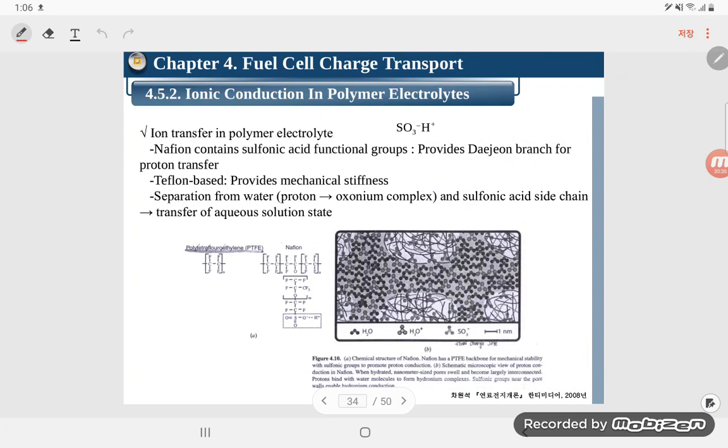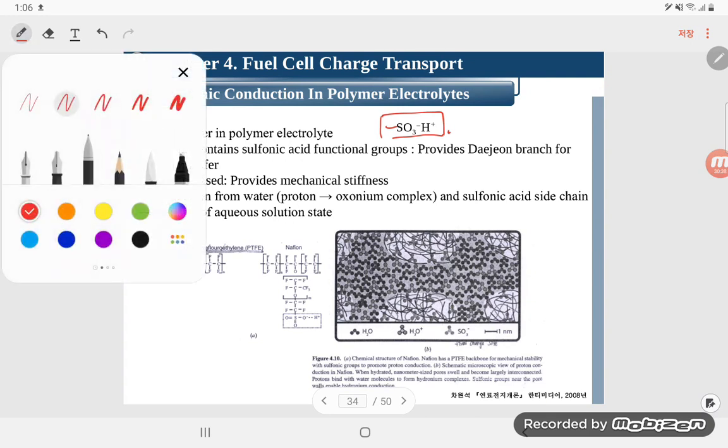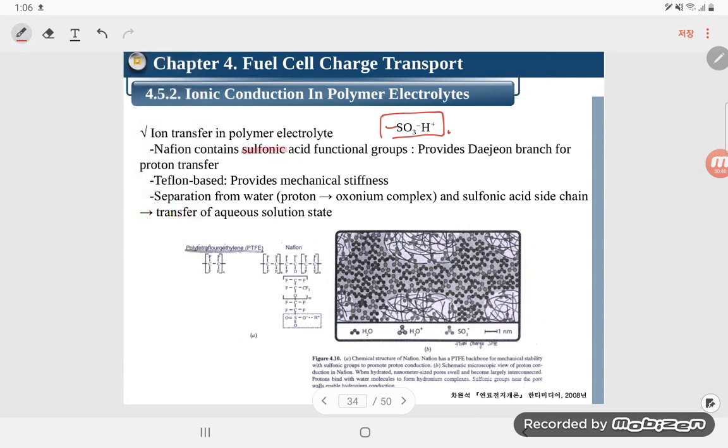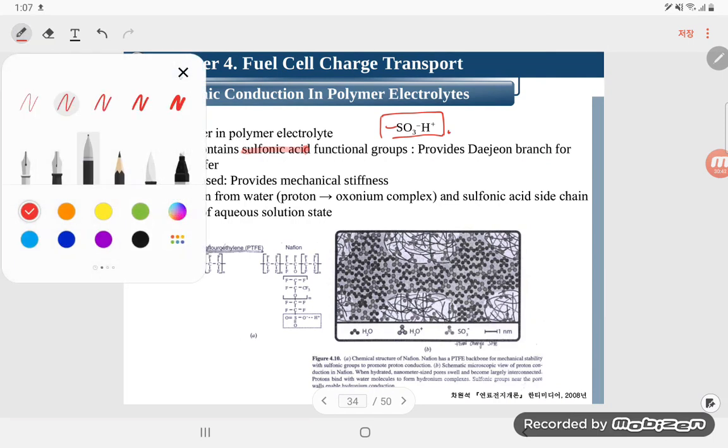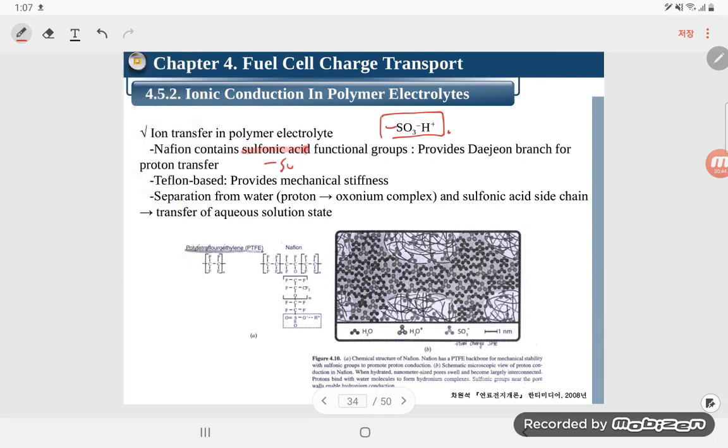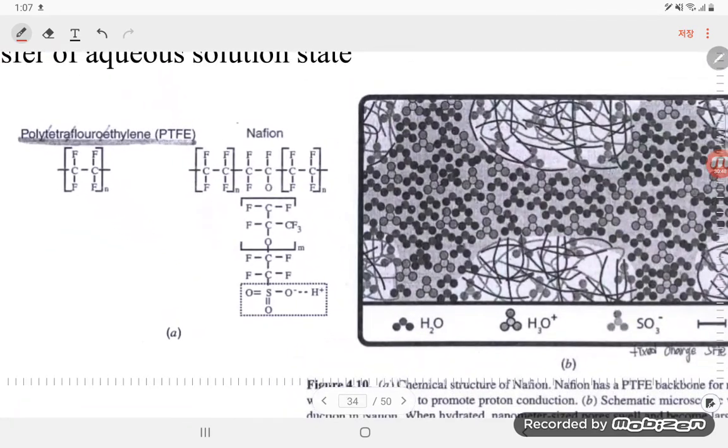The ion transfer in polymer electrolyte. Okay, this is the form of the Nafion. The Nafion contains sulfonic acid. This sulfonic acid is SO3 minus, and this is the chain chemical composition of the Nafion.